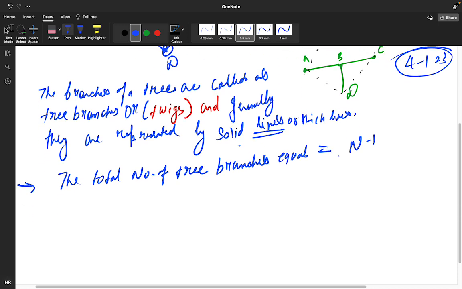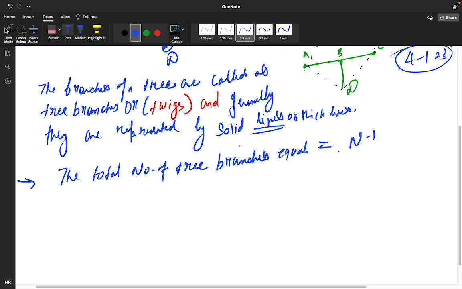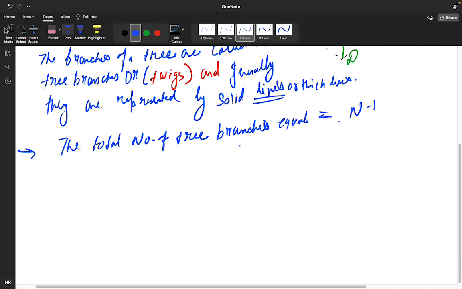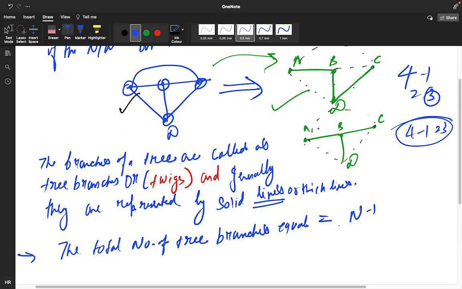Okay. Now write: the set of branches which are disconnected to form a tree is called a co-tree. So what is the dotted line?